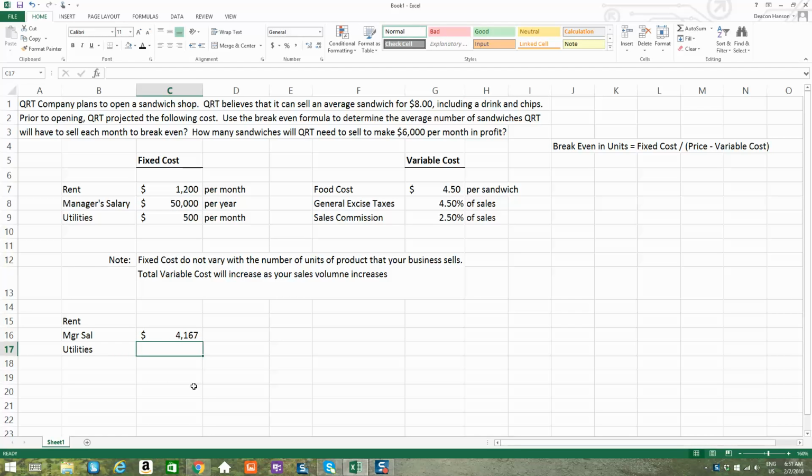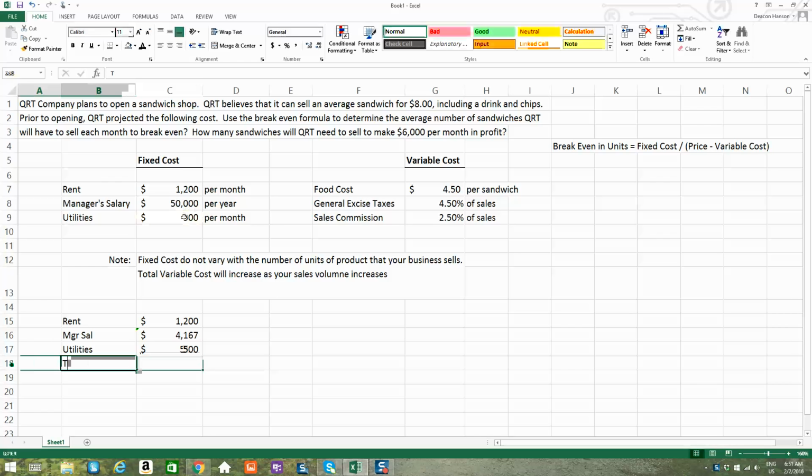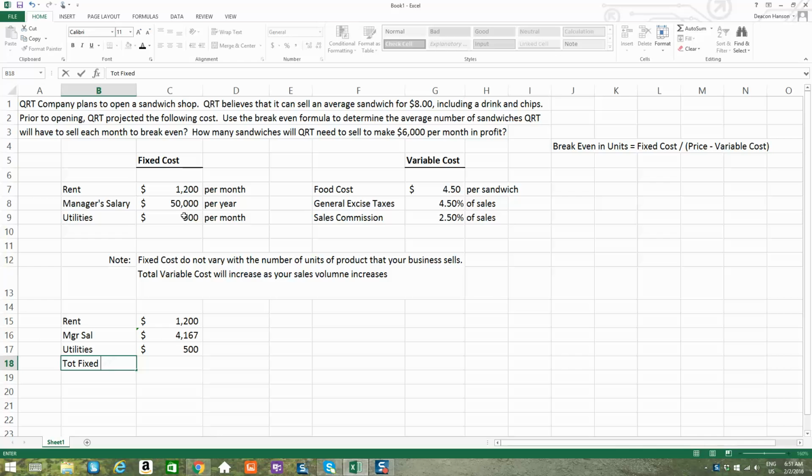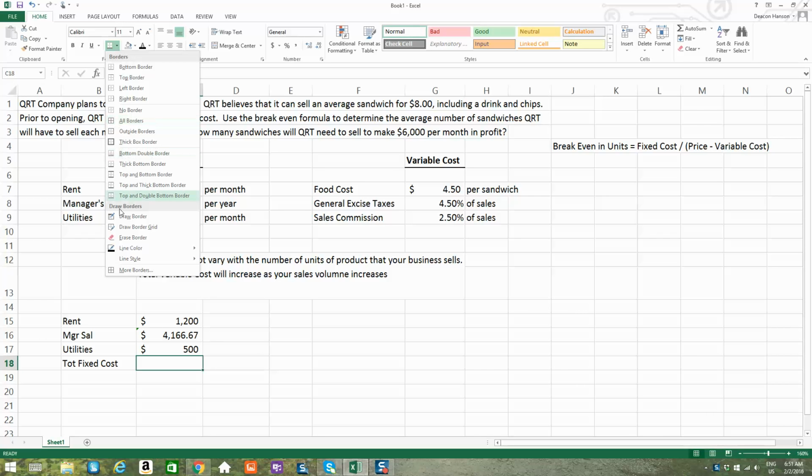So total fixed cost would be the sum of those. So if I add them up, we're looking at $5,866.67.